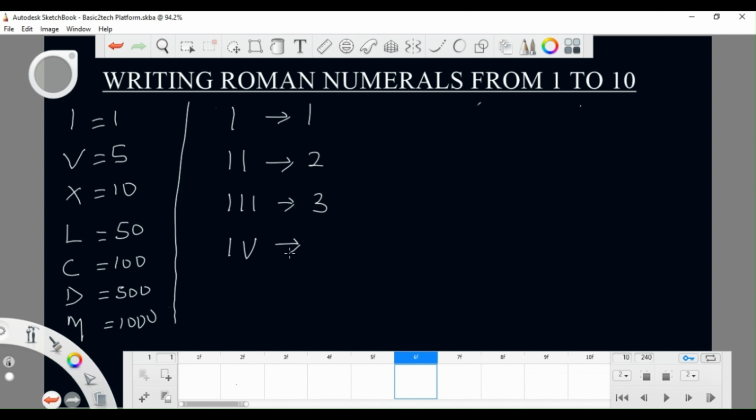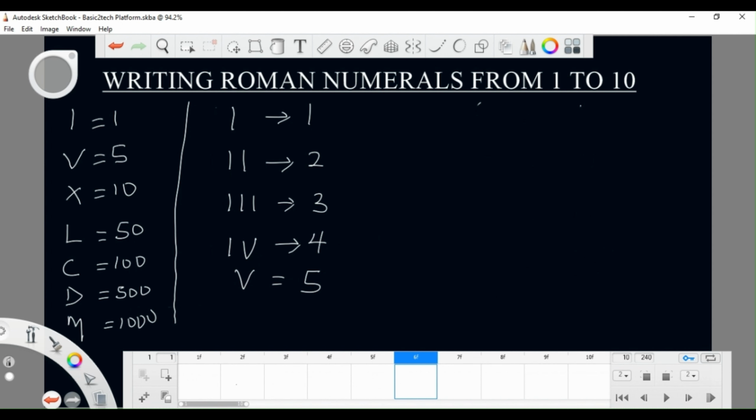Remember, the rule is that to subtract, we put the small symbol before the large symbol. So IV becomes what? 5 minus 1, which is 4. So that means that IV is equal to 4. To get a 5 is just V. To get 6, we have to add 5 plus 1.